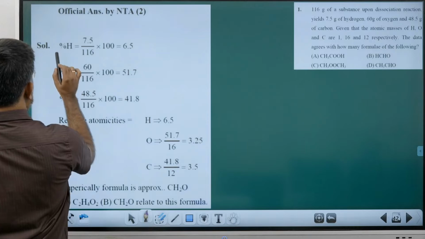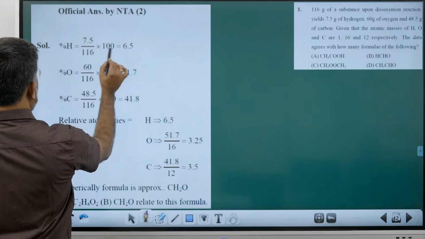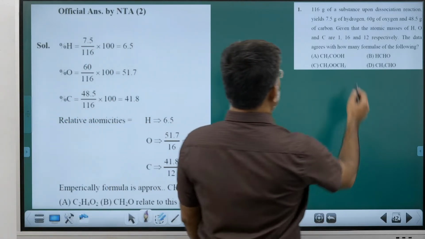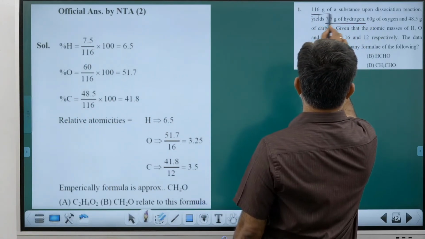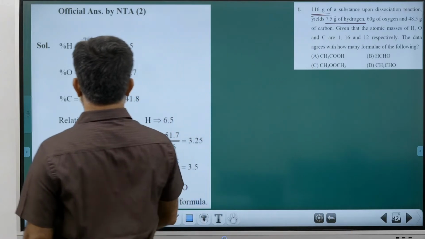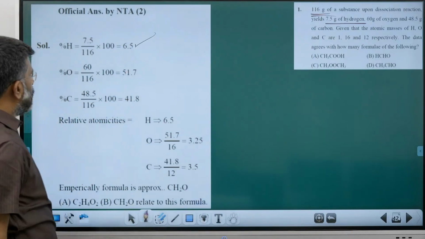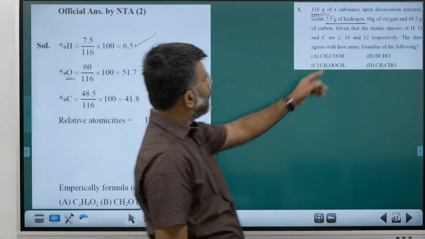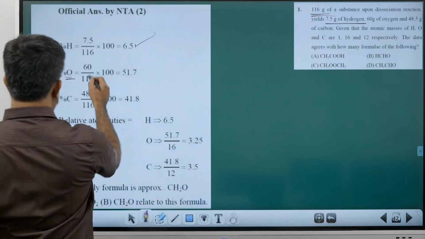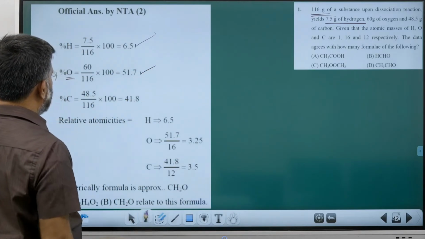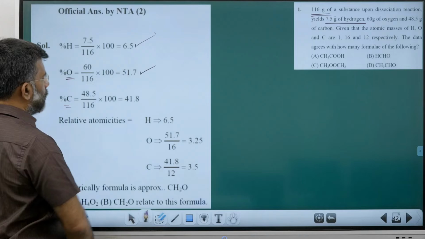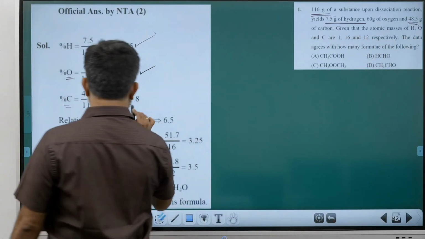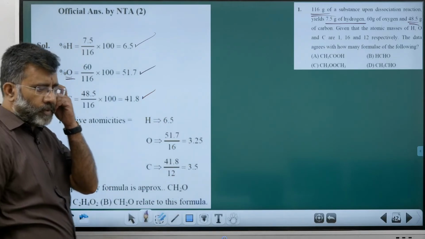Percentage of hydrogen is mass by total mass into 100: 7.5 gram hydrogen out of 116 gram total mass, so you get 6.5 percent hydrogen. For oxygen, 60 gram by total mass into 100 gives 51.7 percent, and carbon, 48.5 gram, gives about 41 percent.